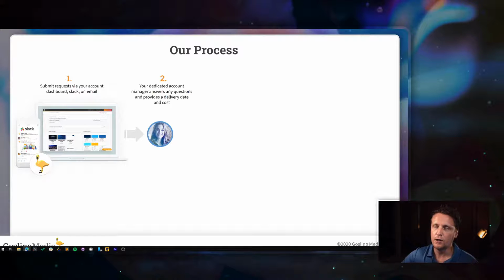Because so often when I was doing freelance, the client would send me some work. I would take a quick look at it. Yeah, it looks fine. Maybe a day later, I actually get to working on the project. I realize that, oh, I don't have the right image, or I don't have the right font, or this copy is missing. So then you have to go back to the client and ask them. So having a person in the middle whose sole purpose is making sure that everything is ready to go makes a massive difference.